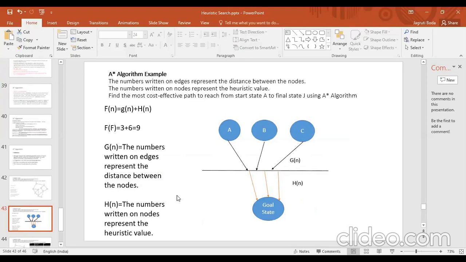Suppose I have to reach our goal state. There are three possibilities A, B and C, right? So I have to select any one that provides minimum cost and minimum time. So here the distance of A, B, C is g of n, meaning जहां तक आपको गोल स्टेट में पहुंचना है उसका डिस्टेंस कितना है वो कैलकुलेट करते हैं हम g of n में. तभी यहाँ पे g of n तक पहुंच गए, राइट?